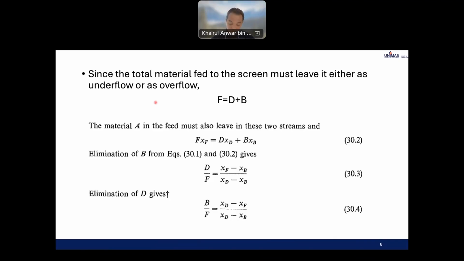So the underflow is the material that passed through the screen. Overflow is the one that is rejected by the screen.